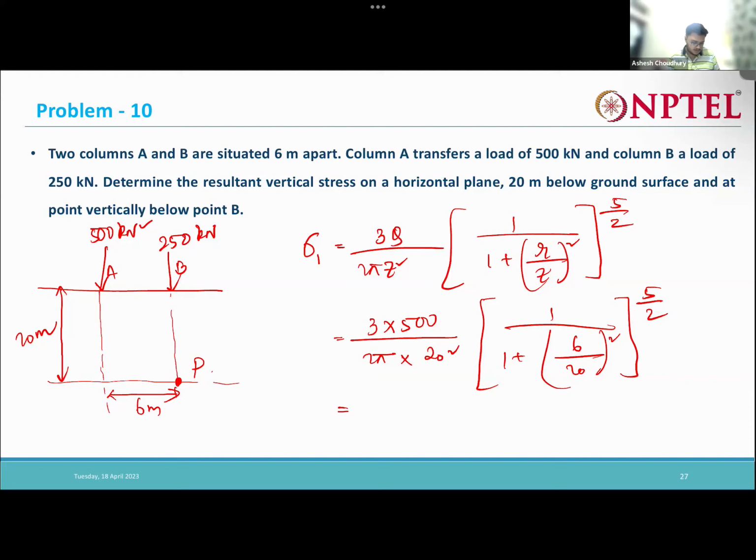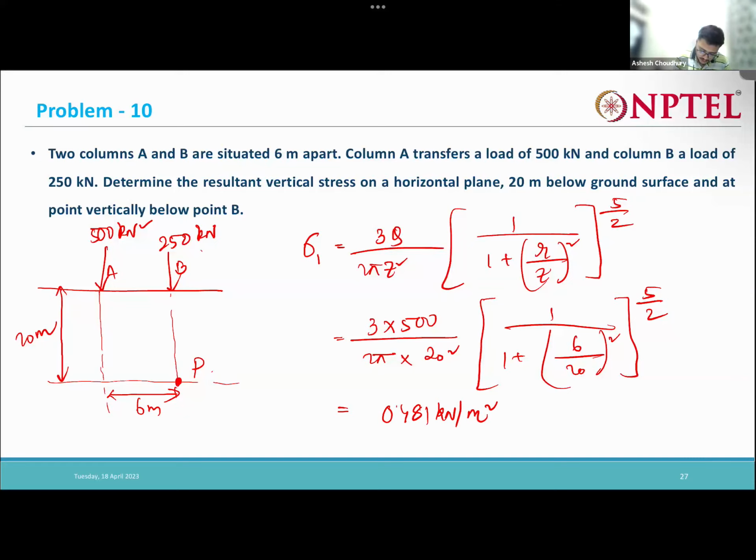So something wrong, right? It should be 0.48. Okay, it's coming 0.481 kilonewton per meter square. Okay, so this was the effect of this 500 load at the point P.